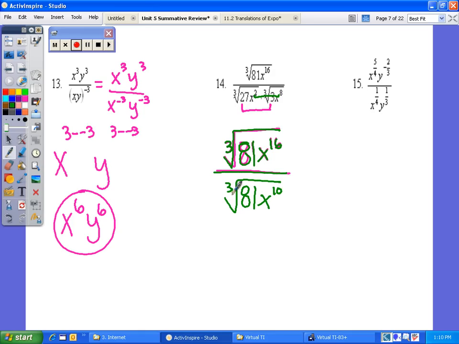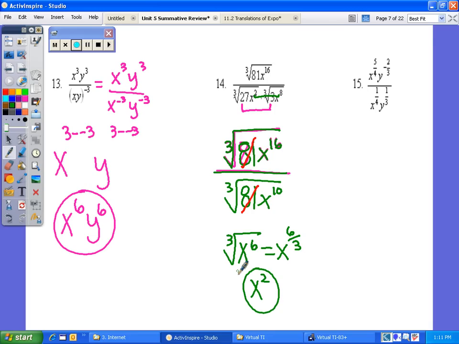So now, because it's the same root, you can just divide regular. 81 divided by 81 will be canceled out. And then 16 minus 10 is 6. So you're left with third root of x to the 6. You can rewrite that with 6 being the numerator. That's the denominator. So 6 over 3 is x squared.